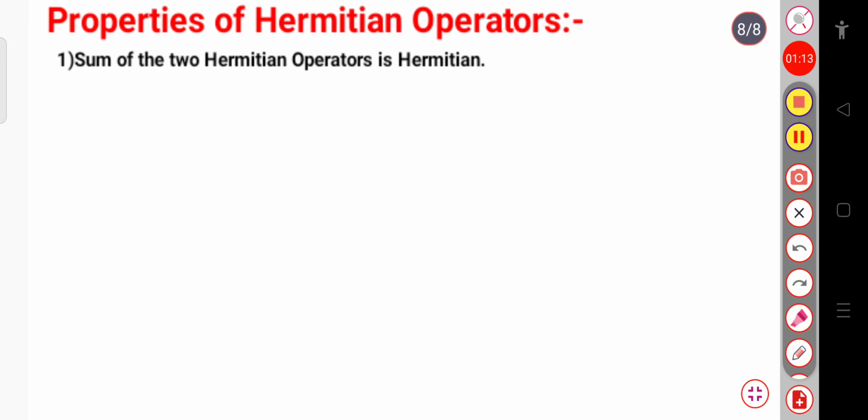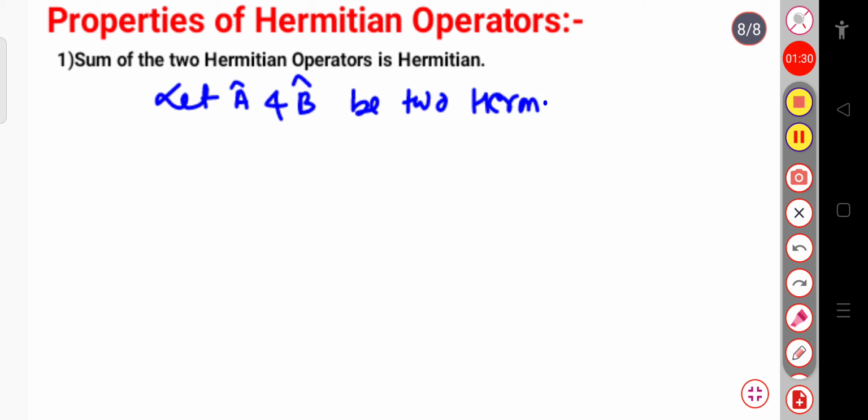Now let us consider A cap and B cap to be two Hermitian operators.